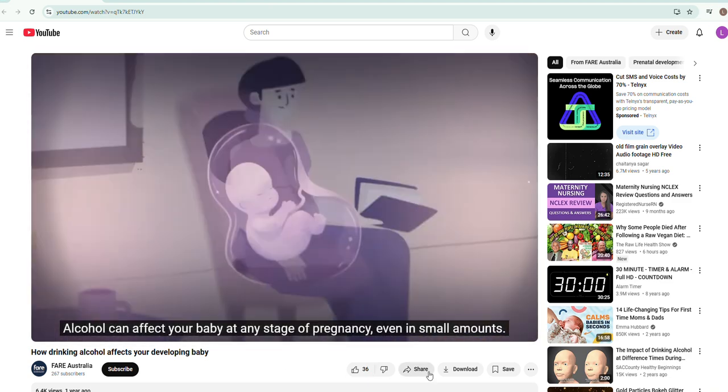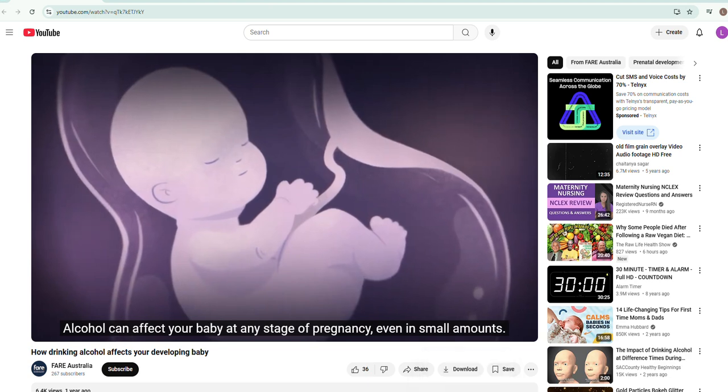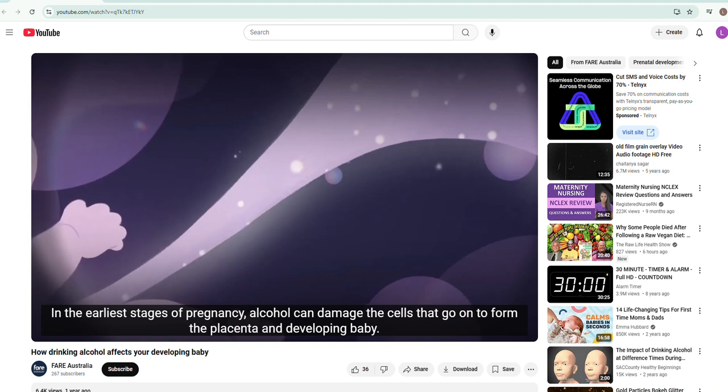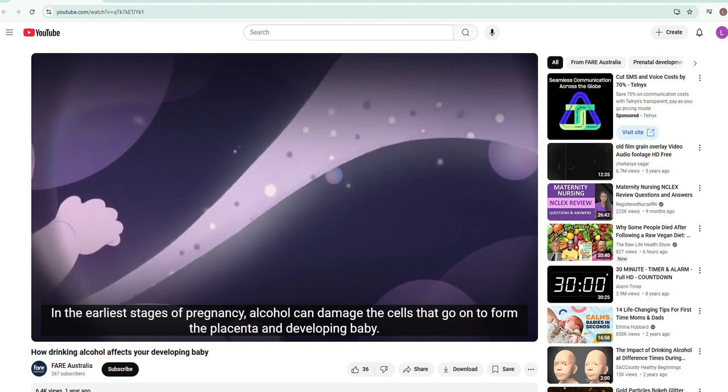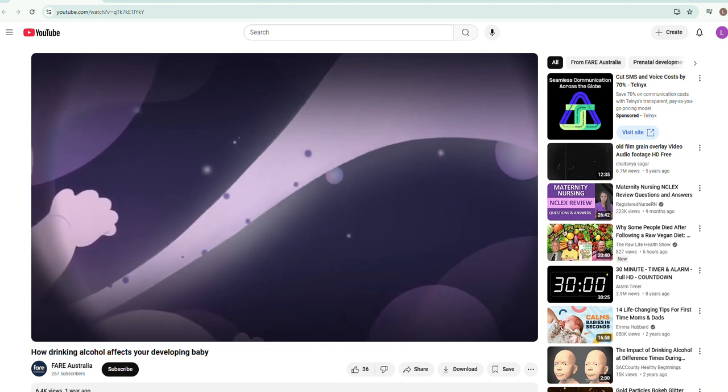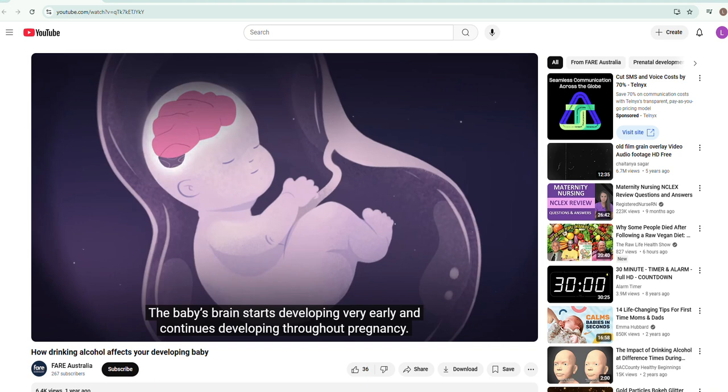Alcohol can affect your baby at any stage of pregnancy, even in small amounts. In the earlier stages of pregnancy, alcohol can damage the cells that go on to form the placenta and developing baby. The baby's brain starts developing very early and continues developing throughout pregnancy.